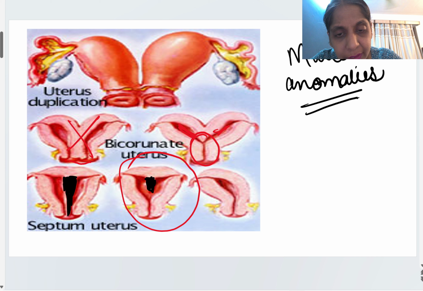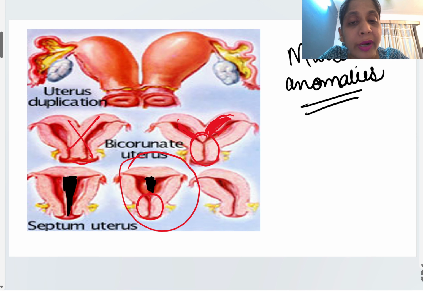So what is the main difference? In the bicornuate uterus, between the two cavities there is a uterine wall. See, basically it is like this, right? Are you getting? But what is septate uterus?